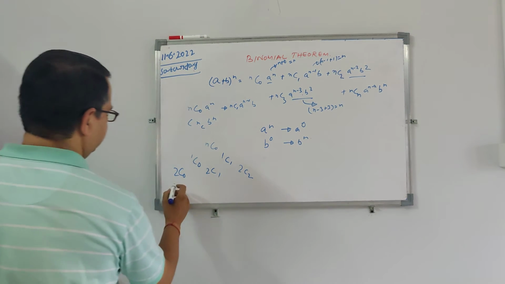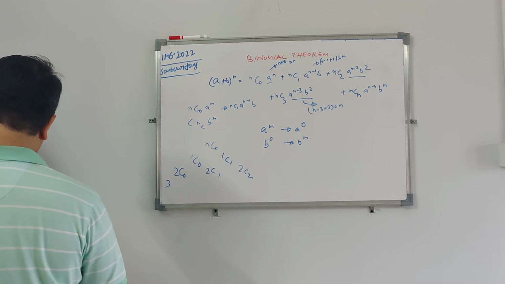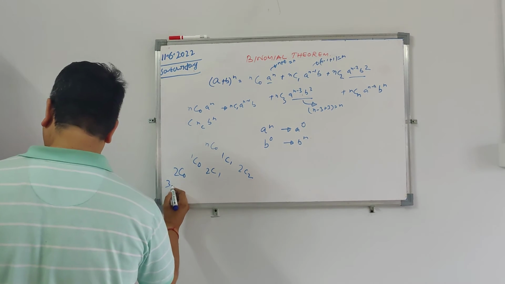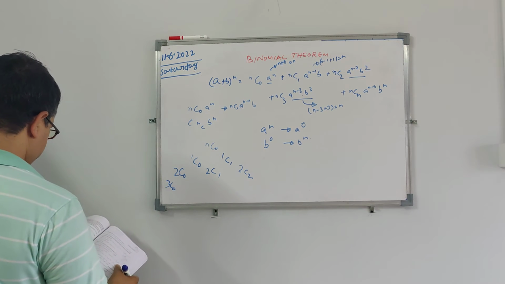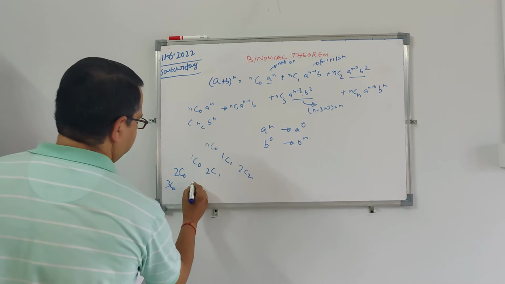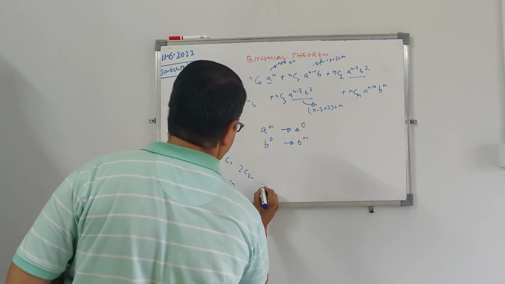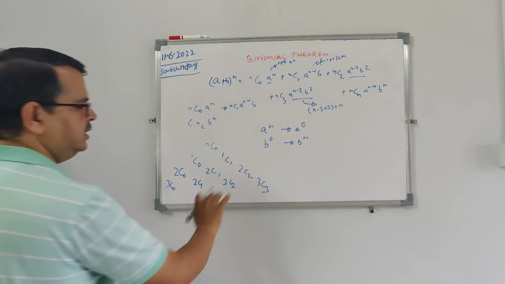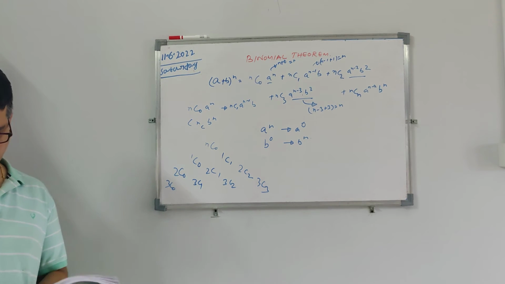Then 3C0, 3C1, 3C2, then 3C3. So these are all the coefficients, arranged as Pascal's triangle.